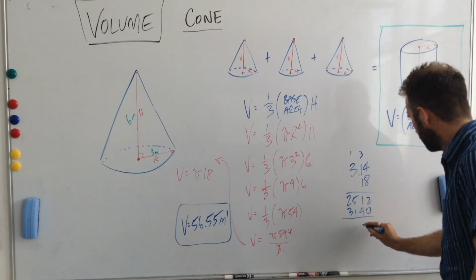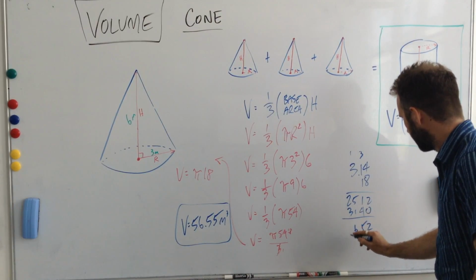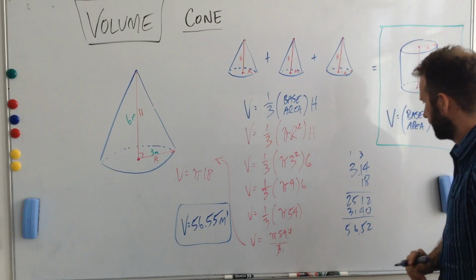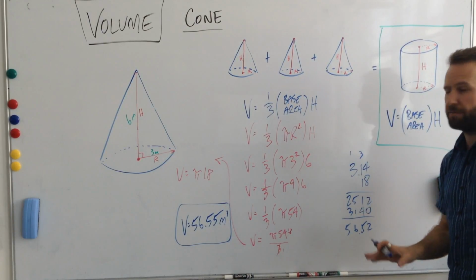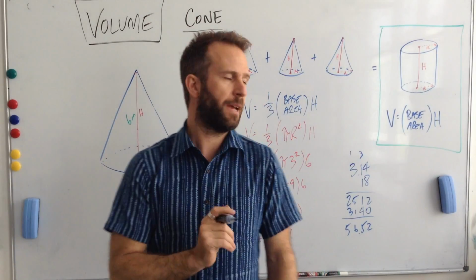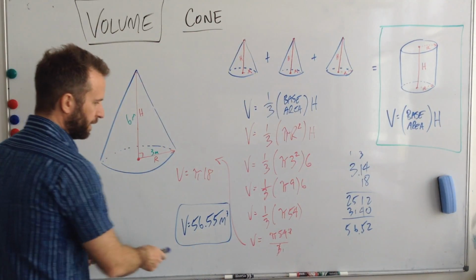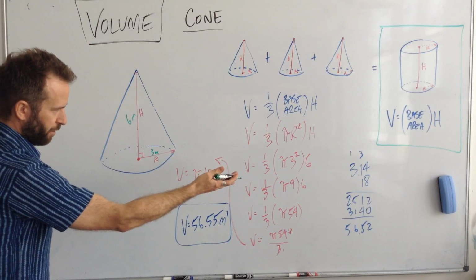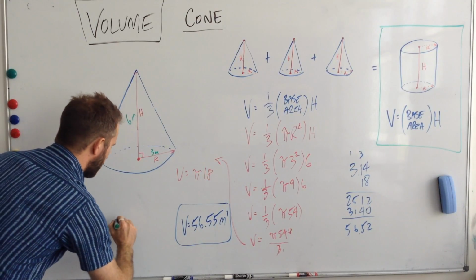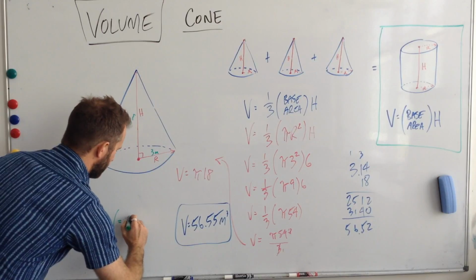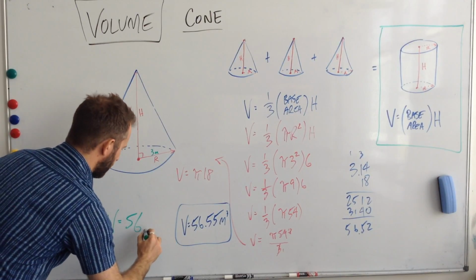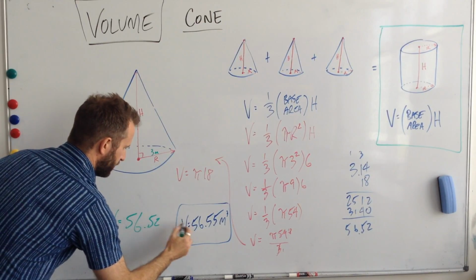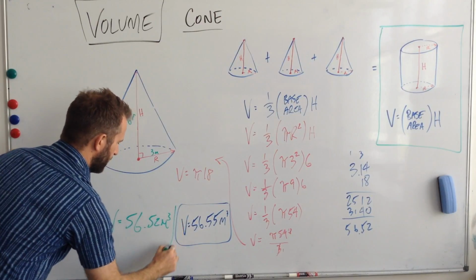Added up, I've got 2, 5, 6, 5, and 2 places of decimal. So I'm getting 56.52, very, very close to my result here from the calculator. So my hand version with just 3.14 gives me that the volume is going to be 56.52, and of course it's still meters cubed.